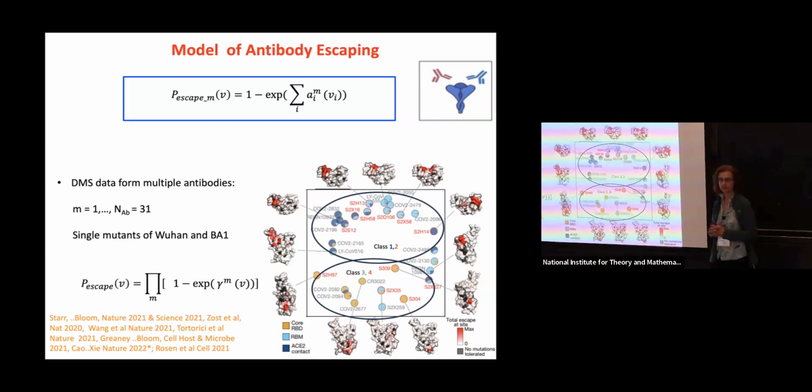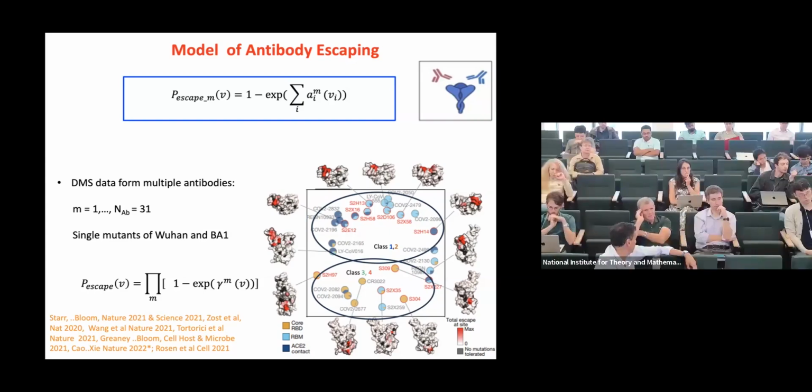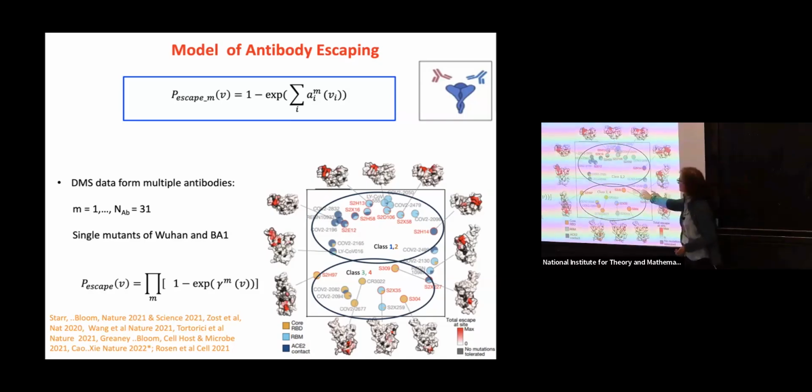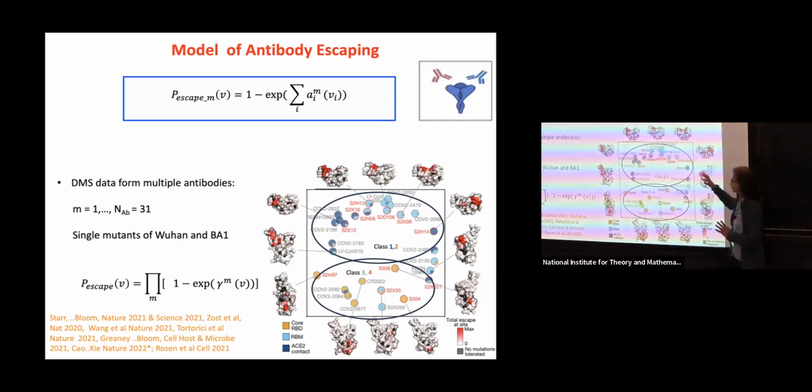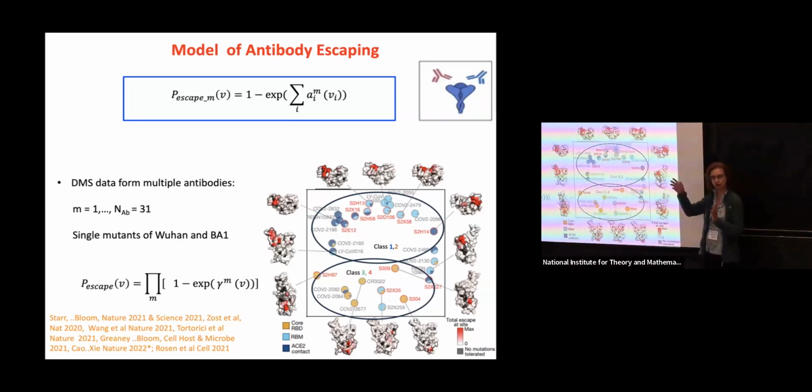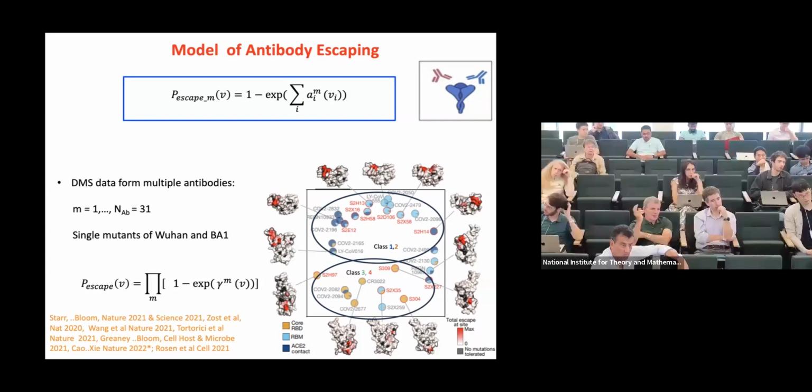They are of different classes, so they reflect well, for example, the evolution of the pandemic. The classes are where they bind on the protein. We fit the probability of escape from exactly this data, for each of the tested antibodies. But where are they binding on the spike, which parts? Yes.